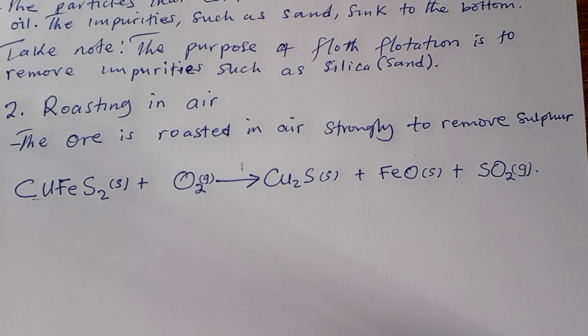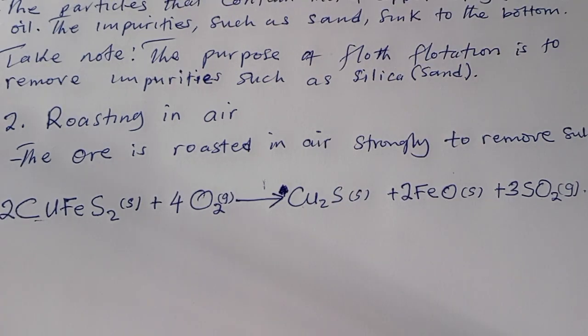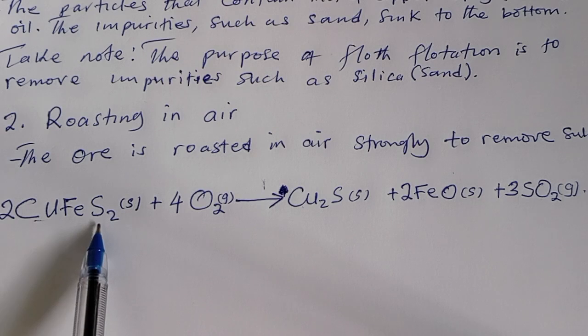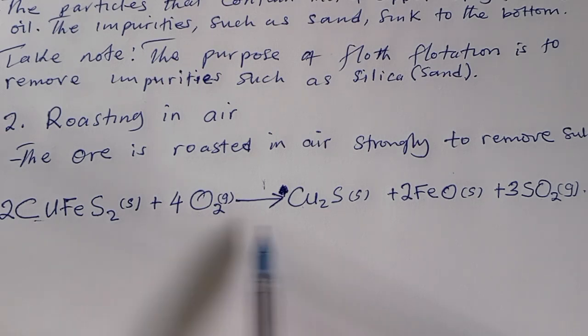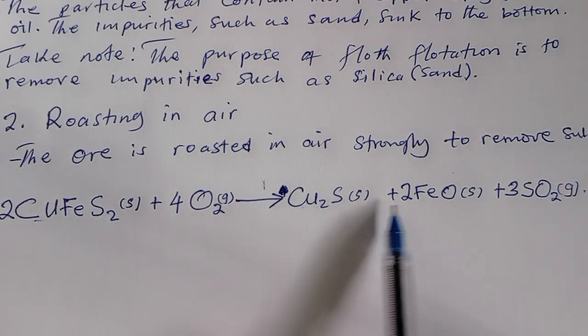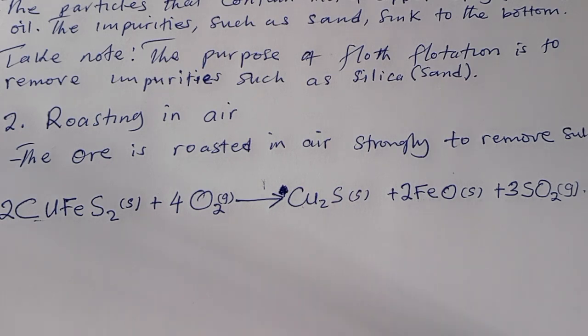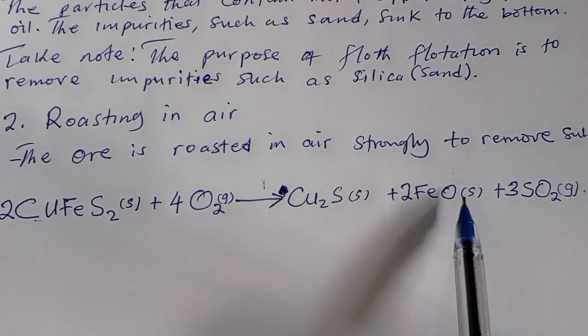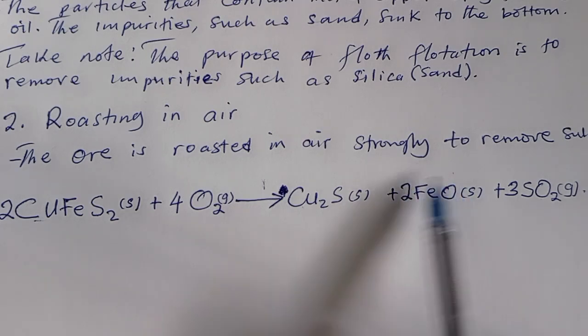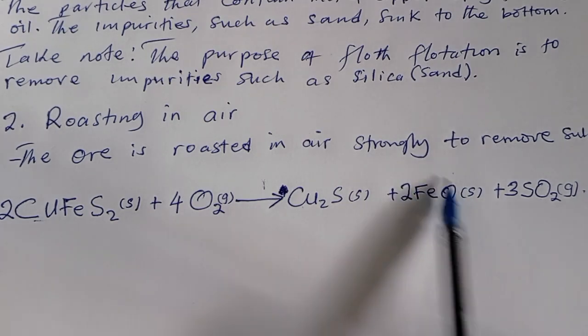Now let us balance that equation. That is the balanced chemical equation. We have copper pyrite plus oxygen giving copper 1 sulfide plus iron oxide plus sulfur dioxide. From here, we are going to remove iron oxide. How do we remove iron oxide?